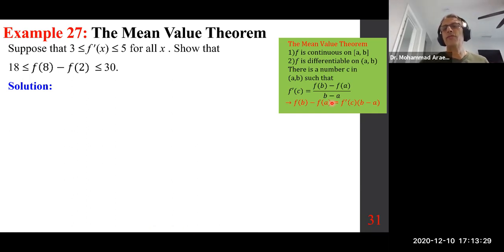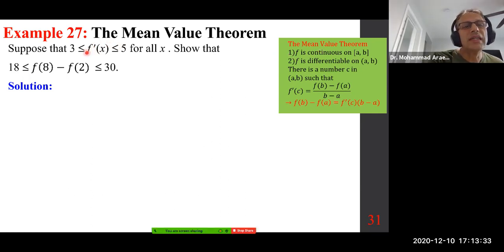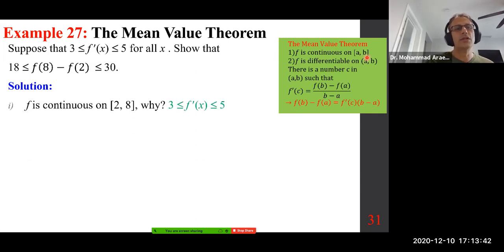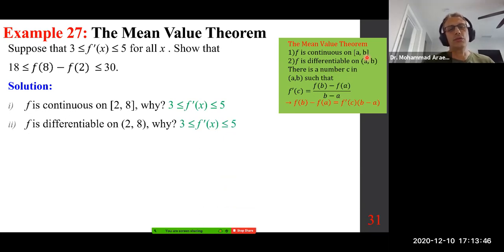So first you have to show continuity and differentiability. Because it says f prime is between 3 and 5, that means it's differentiable. So if it is differentiable, it is also continuous. So f is continuous from 2 to 8, and it's differentiable from 2 to 8. Why? Because of this statement.